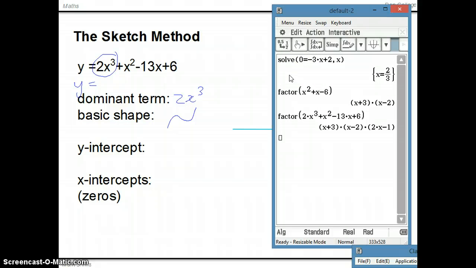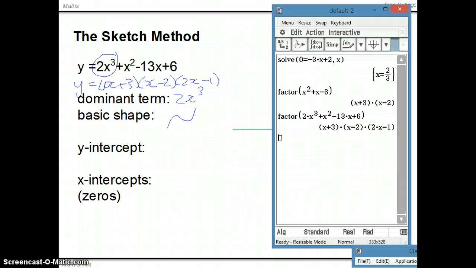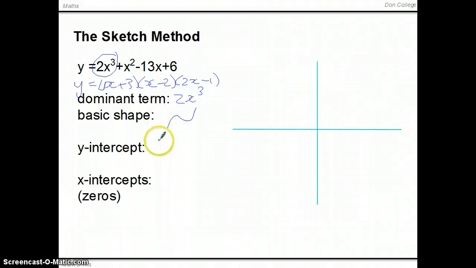There you go, and we're going to get x plus 3, x minus 2 and 2x minus 1. Was it x minus 2 or x plus 2? X minus 2. There we go. Okay, so the y-intercept, well, let x equal 0, and that's going to give us 0 plus 6. Y would equal plus 6, so it's going to go through there.